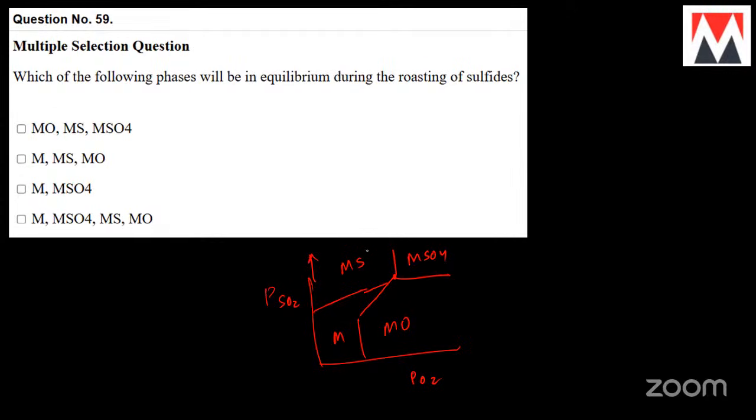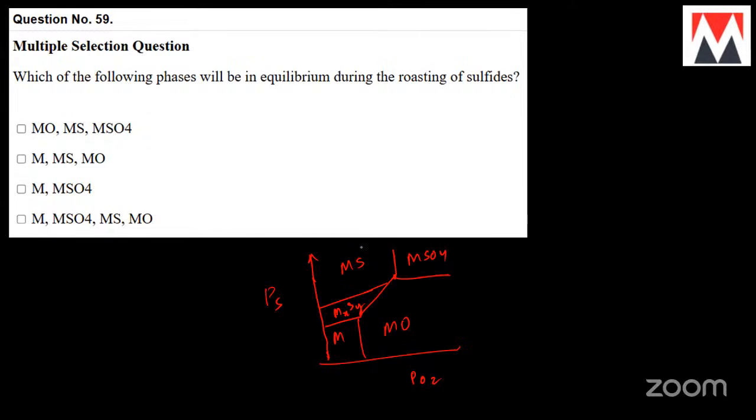So you can take the partial pressure of sulfur, then the partial pressure of sulfur and O2. At higher temperatures, you will have this kind of pressure. And this is metal sulfide, which you can take as MxSy. So equilibrium will be there between what and what?